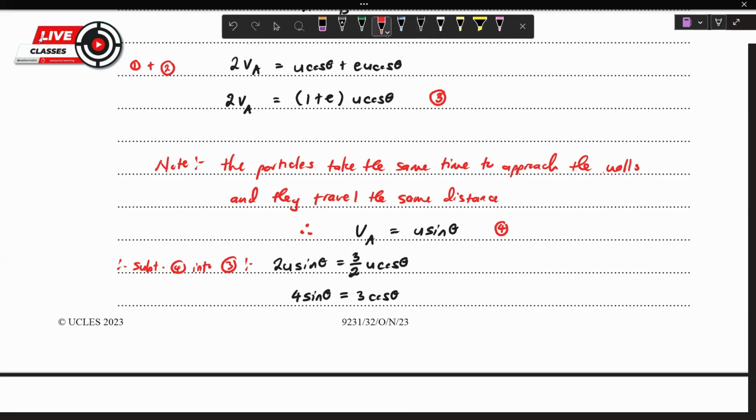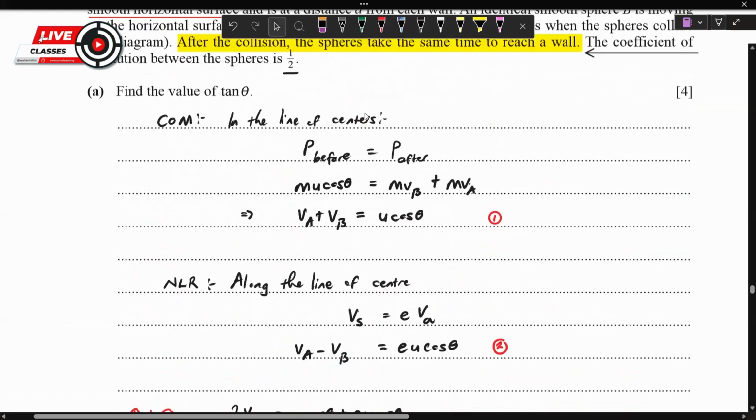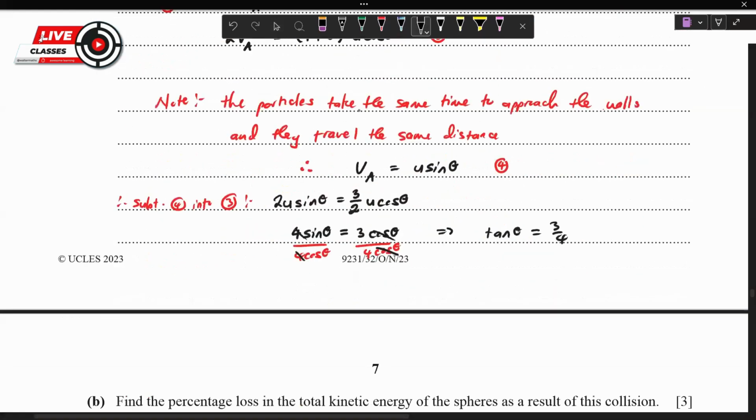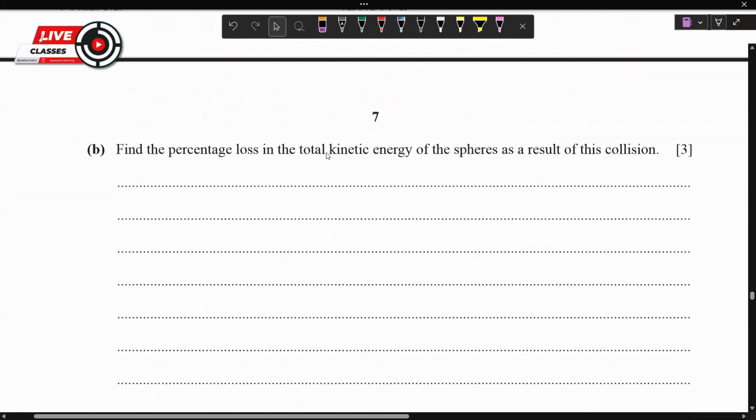And if we divide both sides by 4 cos theta, this will lead us to having on the left side tan theta, because the 4's will cancel and sine over cos is tan, and cos will cancel, so it's 3/4 we get on the right side. And that's the value of tan theta that they want us to find here. So that's the answer. All right, let's move on to part B.